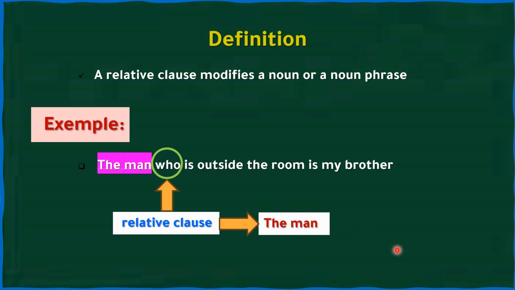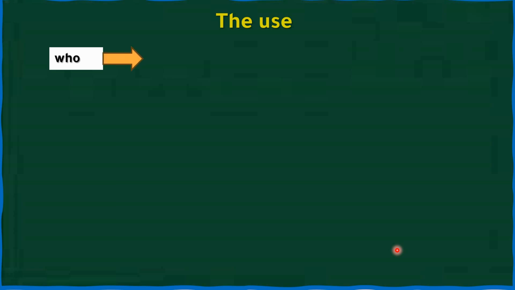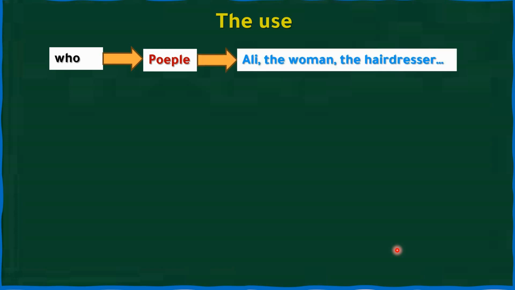Okay, so how do we use a relative clause to connect two sentences? First, who indicates people, like Ali, the woman, the hairdresser, the teacher, the nurse, and so forth.